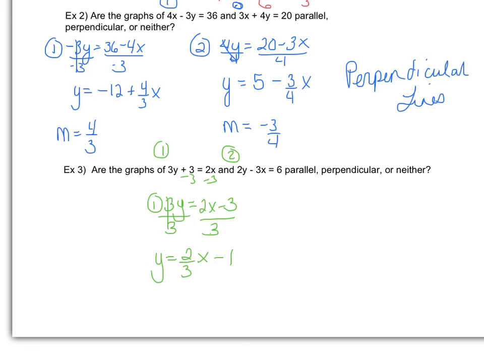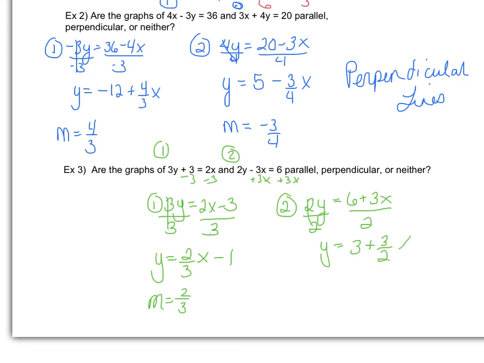Now that I'm in y = mx + b form, I can say I have a slope of 2/3. Manipulating the second equation to be in y = mx + b form, I'll start by adding 3x to both sides, and I get 2y = 6 + 3x. I'm going to divide by 2. 6 divided by 2 leaves me with 3. 3x divided by 2 leaves me with 3/2x.